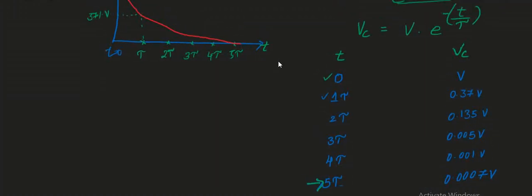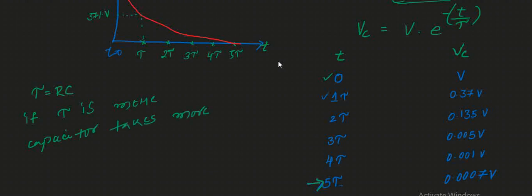The discharging time of your capacitor, that is tau equal to RC, depends upon your RC. If tau is more, then the capacitor takes more time to discharge.